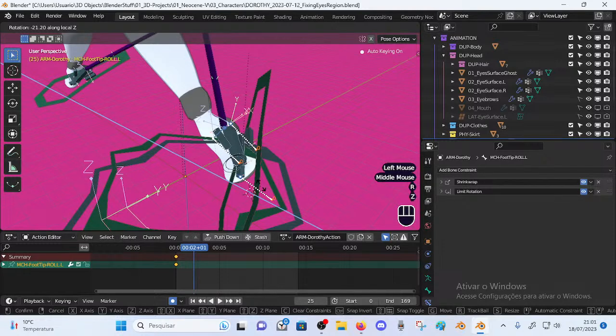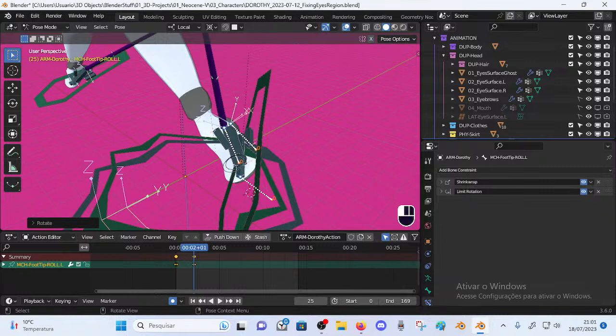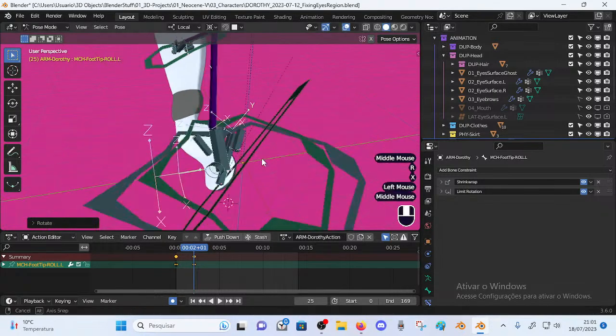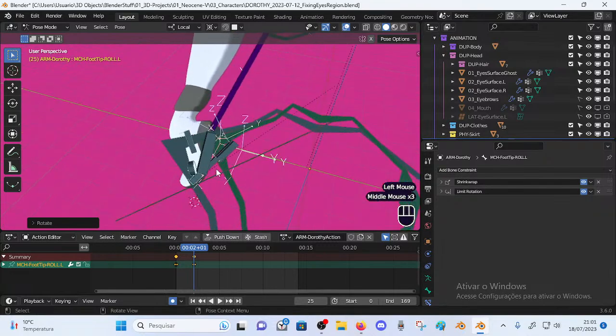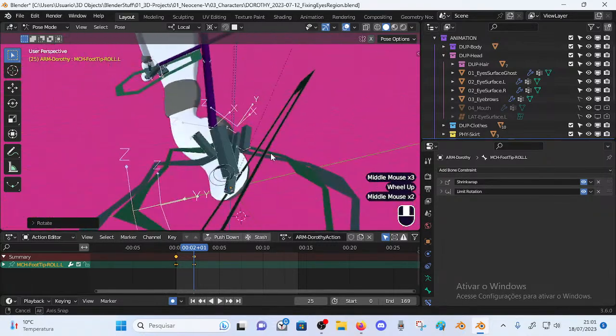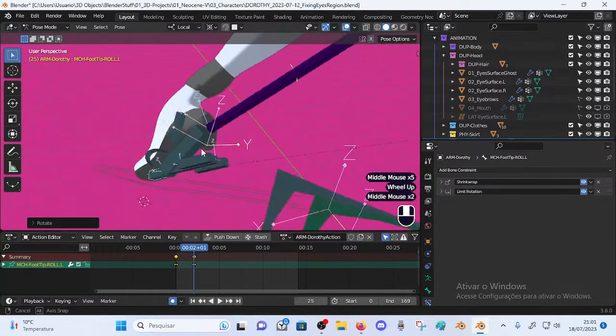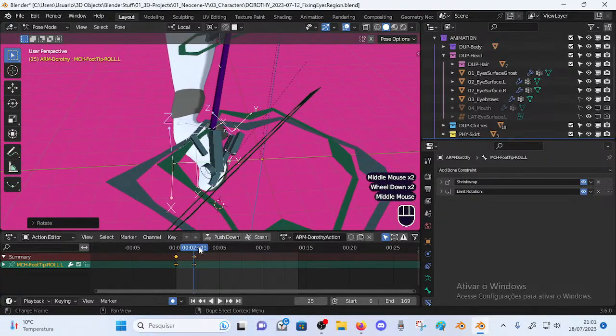This could be the motion paths. It never occurred to me before. So let's clear this. Okay, it was the motion path. I'll have to investigate that further. Doesn't matter.